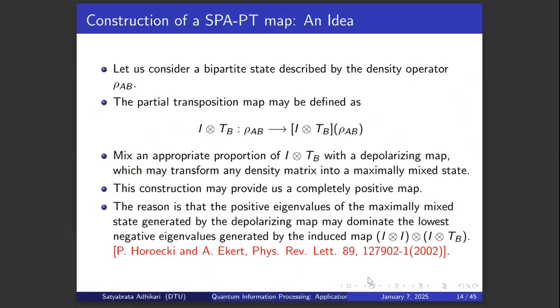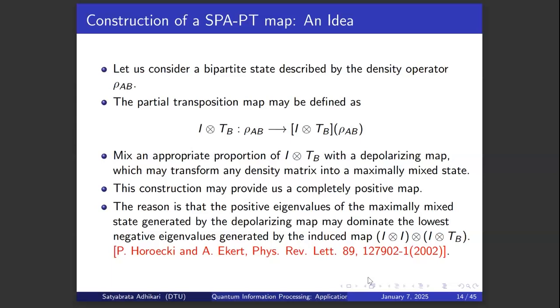Now when we apply this structural physical approximation on the partial transposition map, because we know that the partial transposition map is a positive map but not a completely positive map, we can make this partial transposition map a completely positive map.